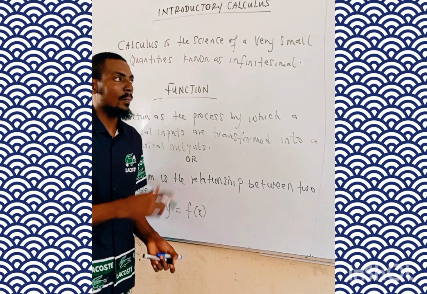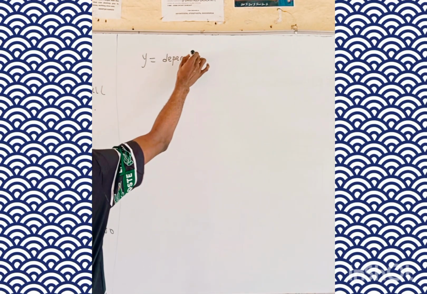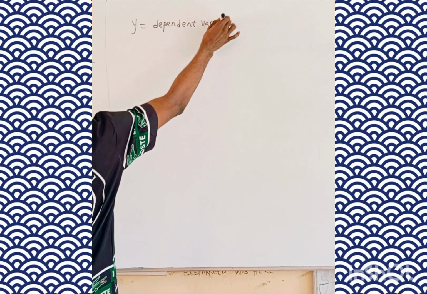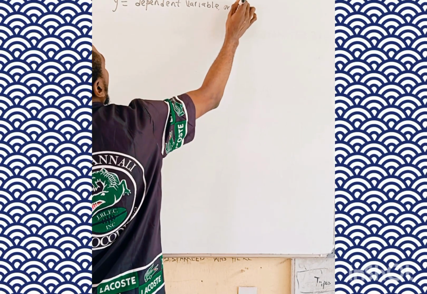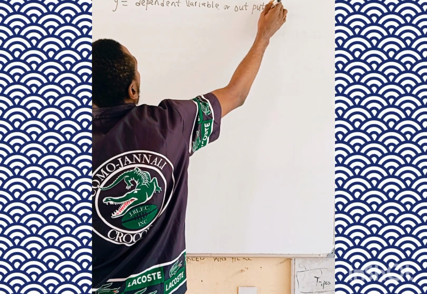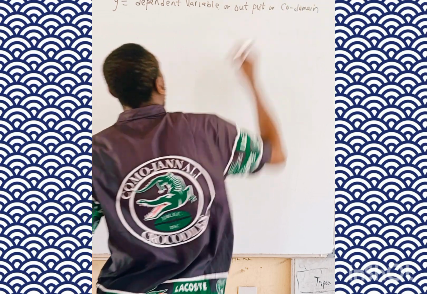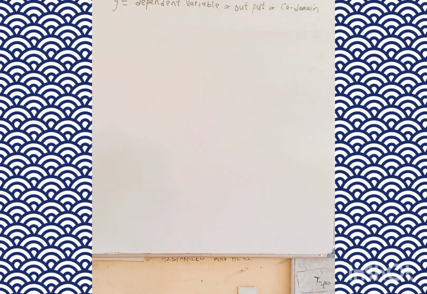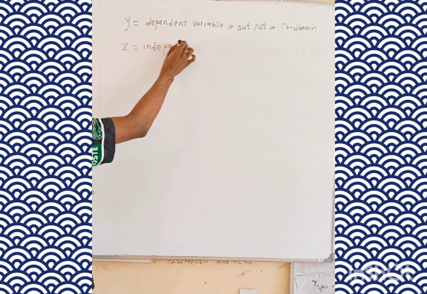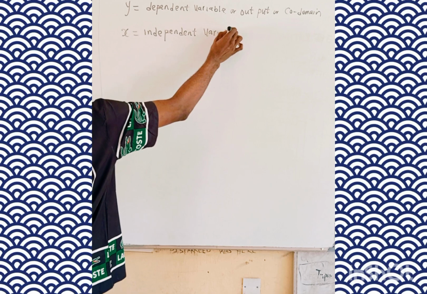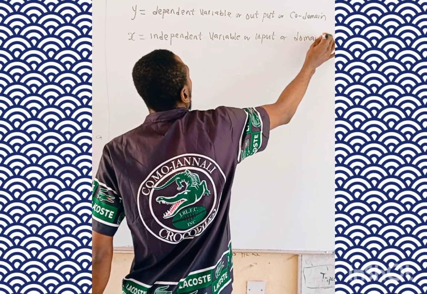We call y the dependent variable, the output variable, or the codomain, while x is the independent variable, the input variable, the domain.